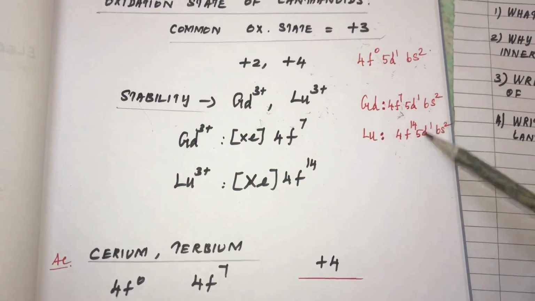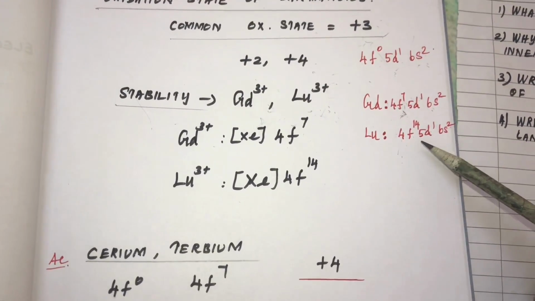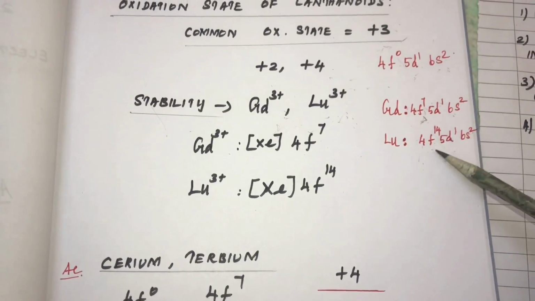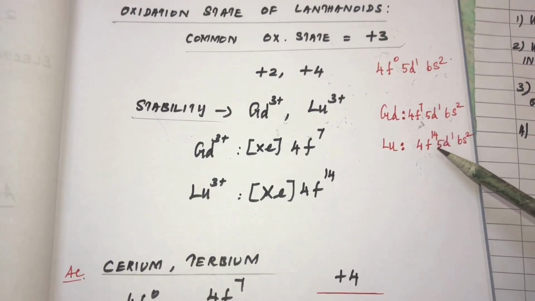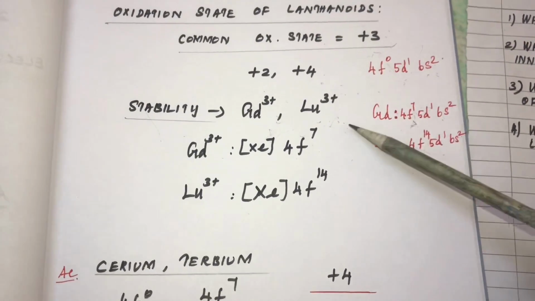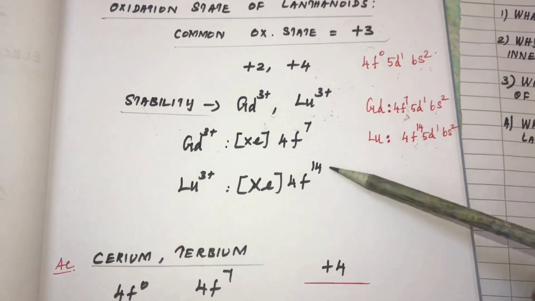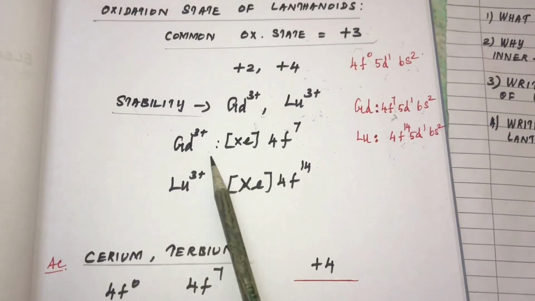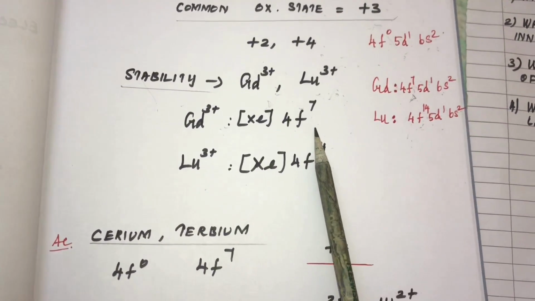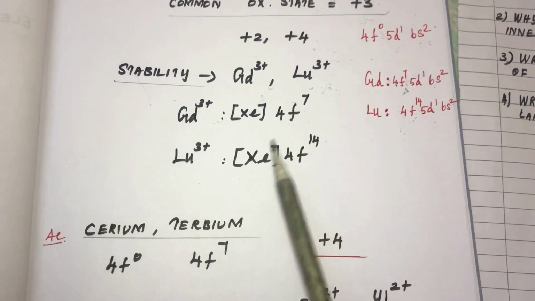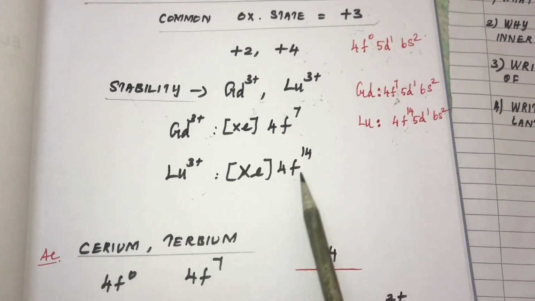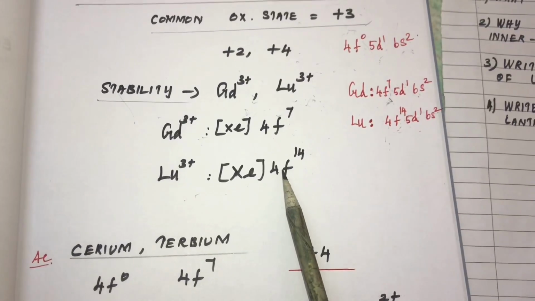After the loss of 3 electrons, it gets the fully filled 4f14 configuration, and a fully filled configuration is more stable. So gadolinium 3+ has the half-filled stable configuration 4f7, and lutetium 3+ has the fully filled stable configuration, so they are found to be more stable.